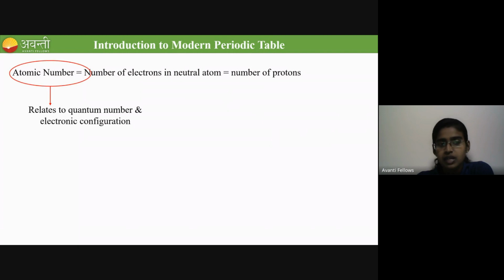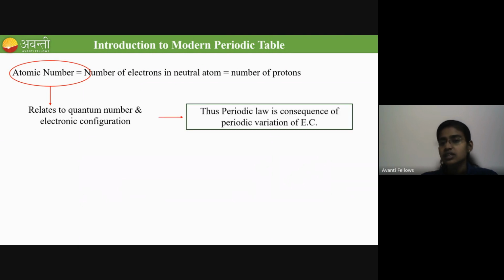You might have studied the 4 quantum numbers in the structure of atom lesson: principal quantum number, azimuthal quantum number, magnetic quantum number, and spin quantum number. So the atomic number is related to the quantum number and the electronic configuration. Thus the periodic law is the consequence of periodic variation of electronic configuration.